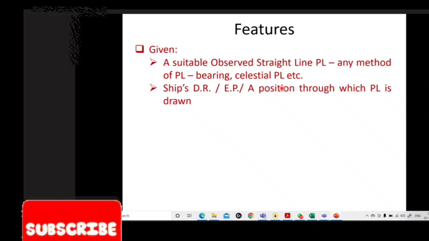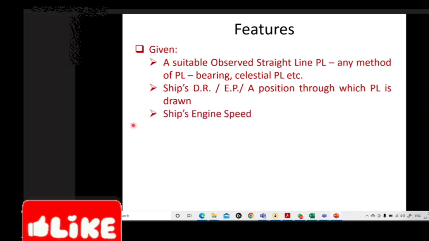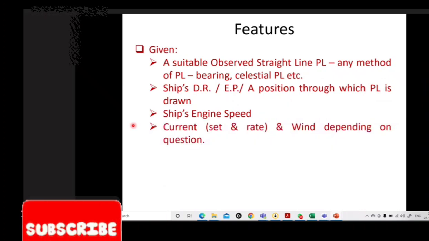Correct, beta? You remember the table on celestial PLs? Okay. We'll know our engine speed. We'll know the estimated or actual wind and current, whatever is given in the question, both of them.